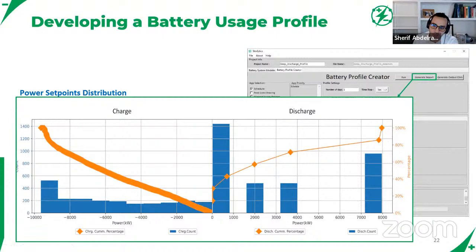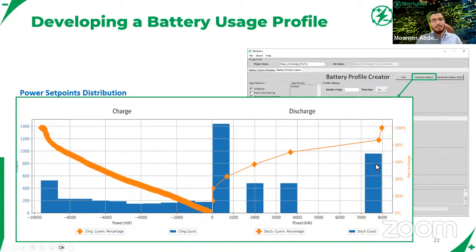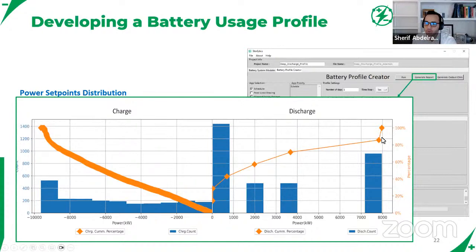I mean, inverters aren't as expensive as batteries, but still, right? In this example here, you're basically doubling your power capacity for about a 23% addition to the number of power set points that you're capturing. So really, it helps you make that determination.